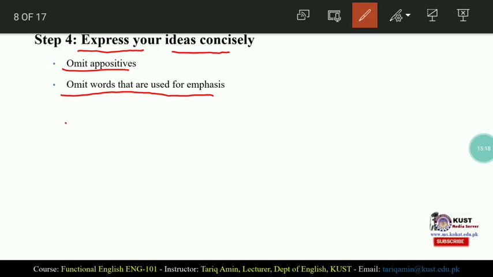We can use them to emphasize important points in a paragraph, in an essay, and in different articles. So you need to omit words that are used for emphasis as well. You need not include them in your precis.